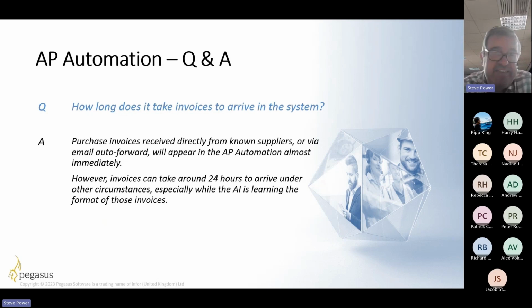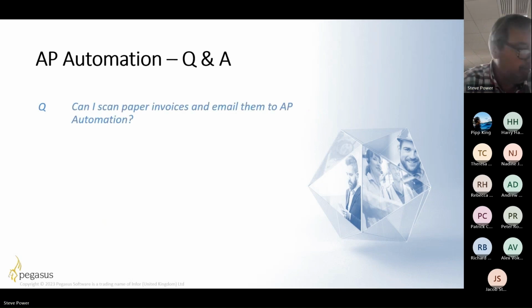That's typically where the AI is trying to learn the format of this invoice. After it's had 3 invoices, it becomes instant, but it takes a bit of time to learn those layouts before it becomes immediate. Remember, once an invoice has been approved, it arrives in the purchase ledger almost instantly as well.